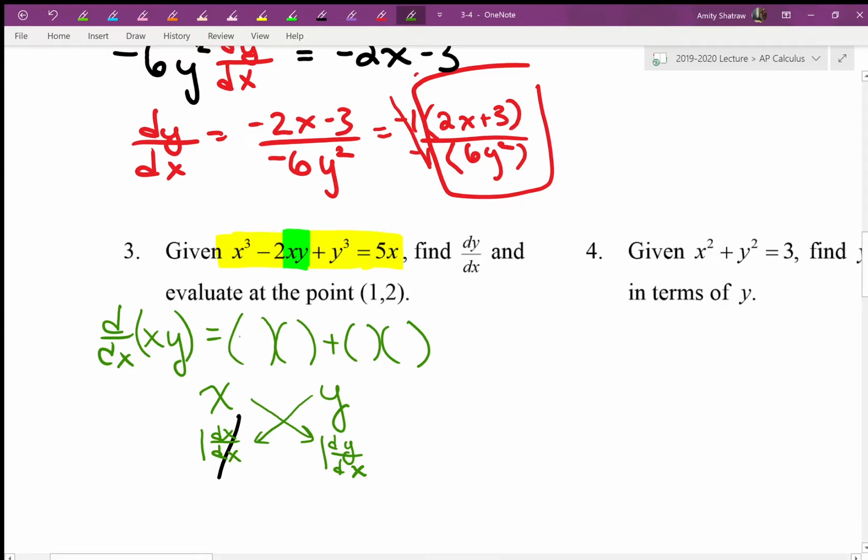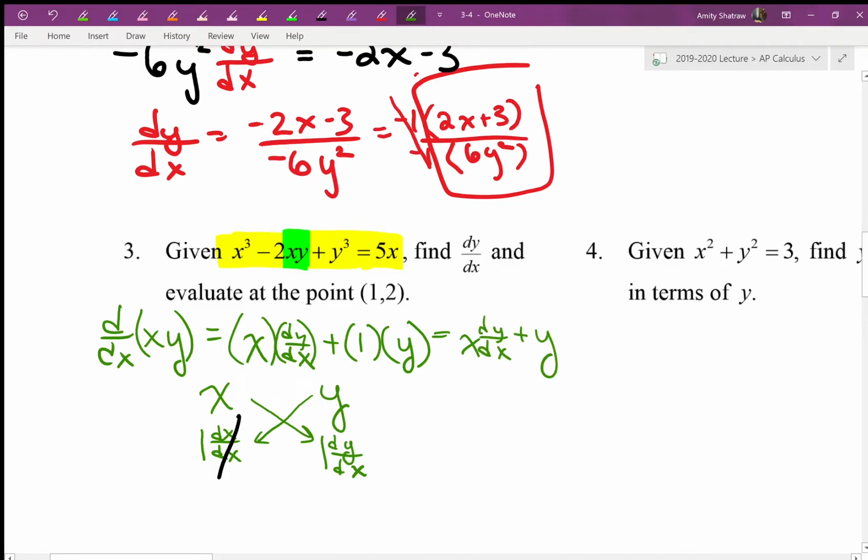So what I have is x times dy dx, and then the other one should be, well, look at this, it's 1 times y. So pretty simple stuff. I'm going to now say that the product of xy has a derivative, and its derivative is x dy dx plus y.